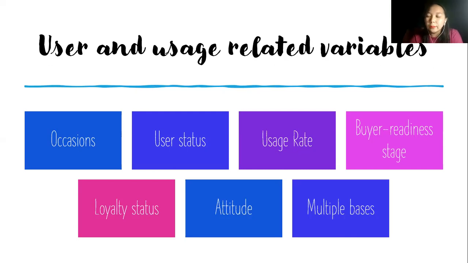Potential user, ibig sabihin, pwede kang gumamit, pero you are still not using it. First-time users and regular users. I think pwede natin siyang i-relate doon sa ating marketing funnel. Yan, blood banks cannot rely only on regular donors to supply blood. They must also recruit new first-time donors and contact ex-donors, each with a different strategy.